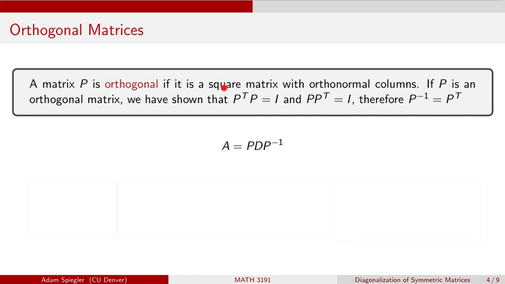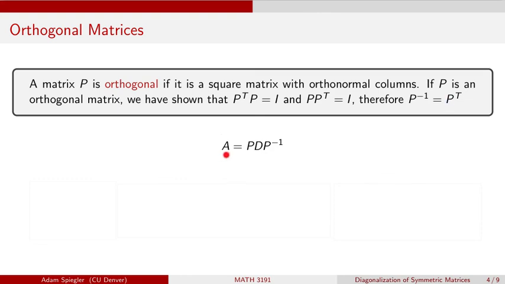Those would not be orthogonal matrices. But if we restrict ourselves to just looking at square matrices with orthonormal columns, then we get an orthogonal matrix by definition. And what's really special about orthogonal matrices is that the inverse of an orthogonal matrix is just equal to the transpose of that matrix.